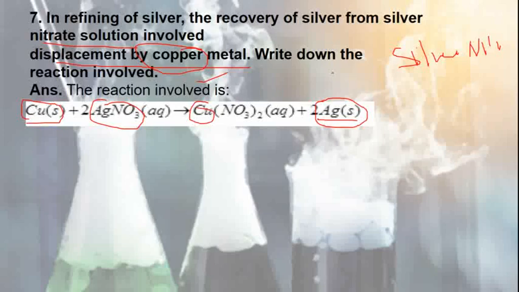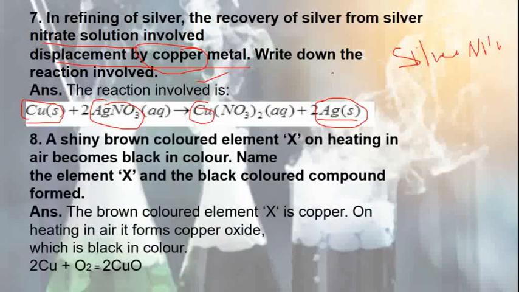So let us move to the next question. A shiny brown colored element X on heating in air becomes black in color. They have given that element X becomes black in color when it is heated in air. So we need to name the element and find the black colored compound formed.